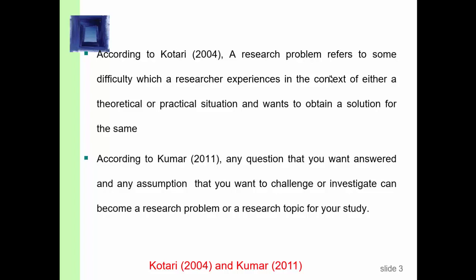He has well said that it is actually the assumption which you want to test, the hypothesis you want to test, the question which is in your mind about a particular phenomenon, about a particular issue. Being students of economics, the issues which you want to discuss should be relevant to your field.